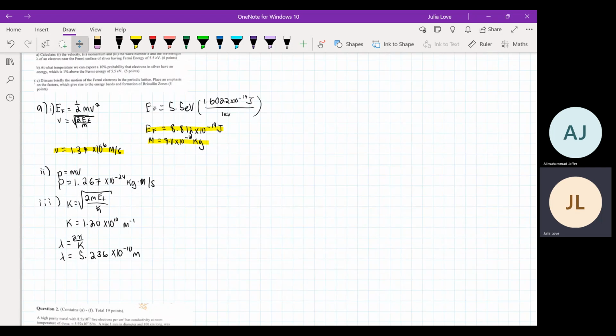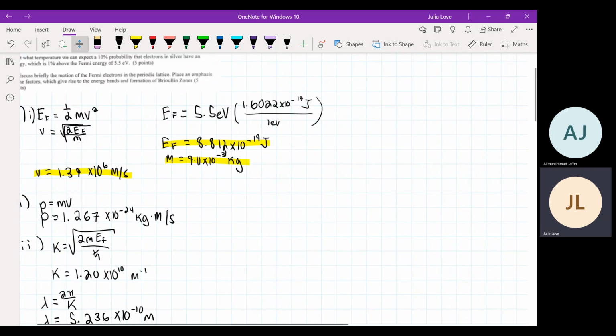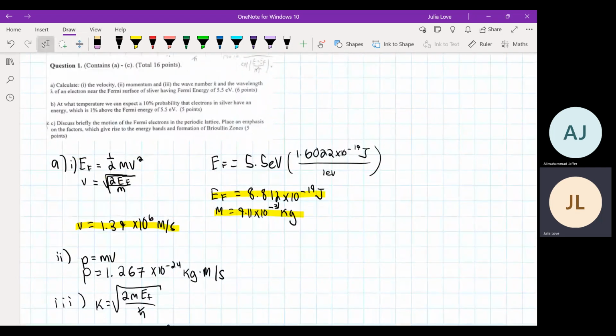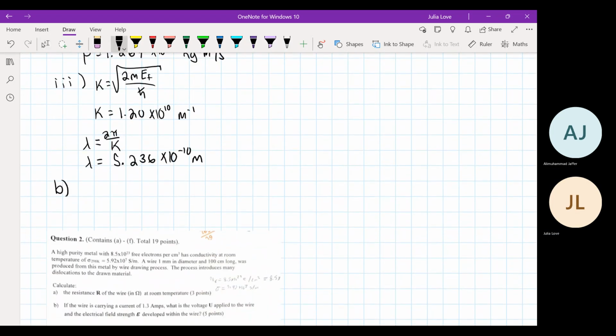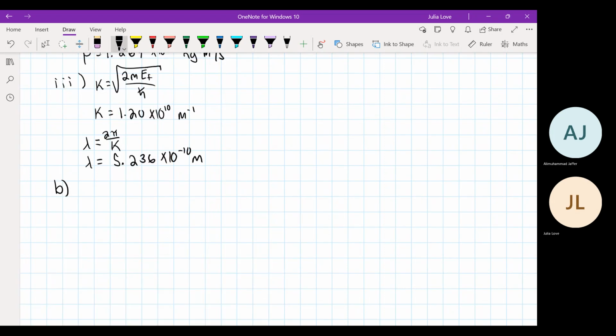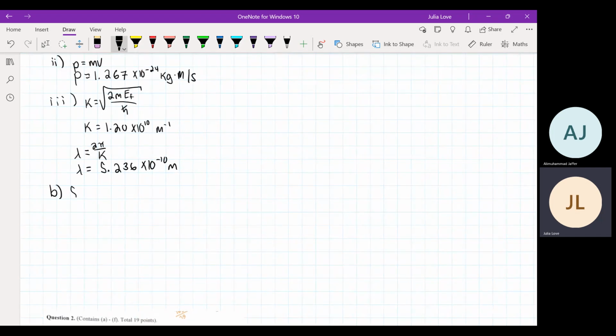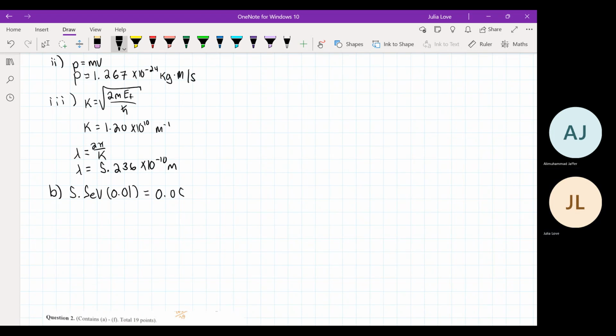The next part, part B, asks specifically at what temperature we can expect a 10% probability that electrons will have an energy that is 1% above the Fermi energy that we were given from above. So we know it's that 1%: 5.5 electron volts times 1% gives us a small number of 0.055 electron volts.